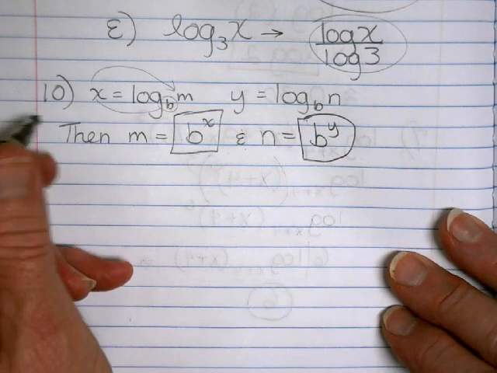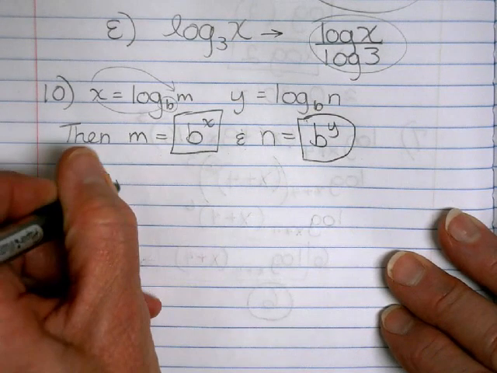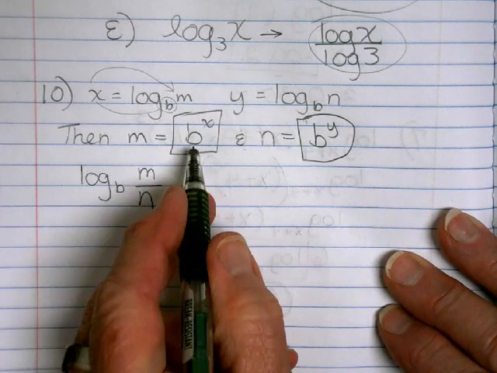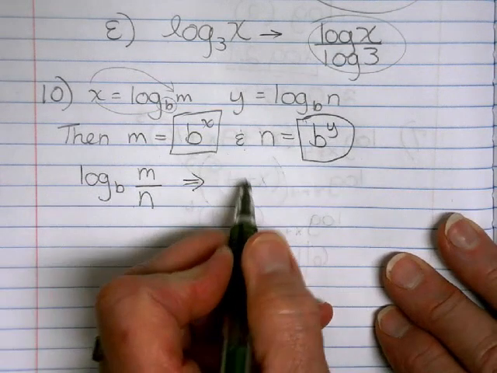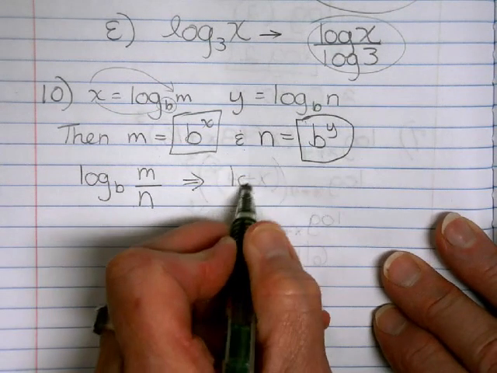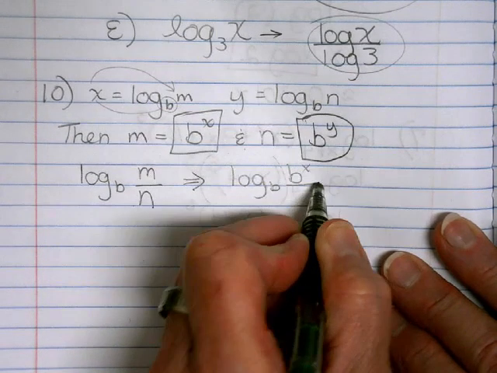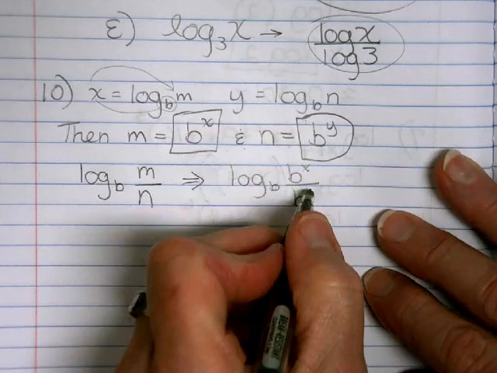Now, what do I do with those? Well, what I am proving is the quotient property of logarithms. So in my little story here, log base b of m divided by n, I substitute these two. That means log base b, b to the x goes on top, b to the y goes on the bottom.